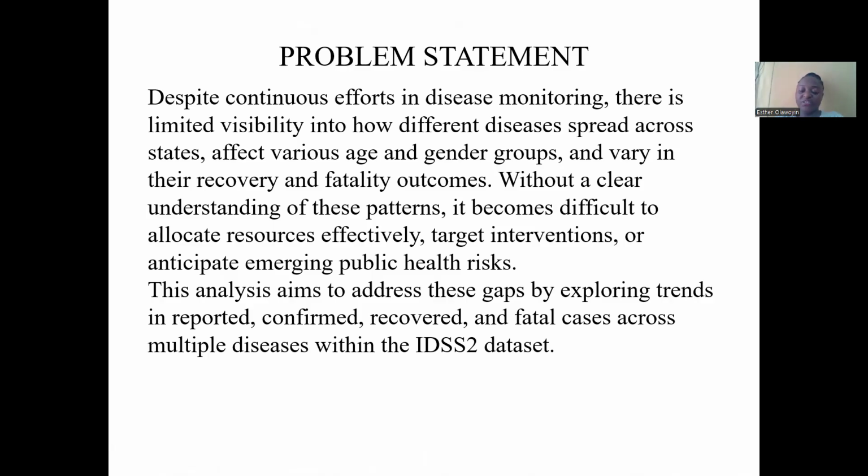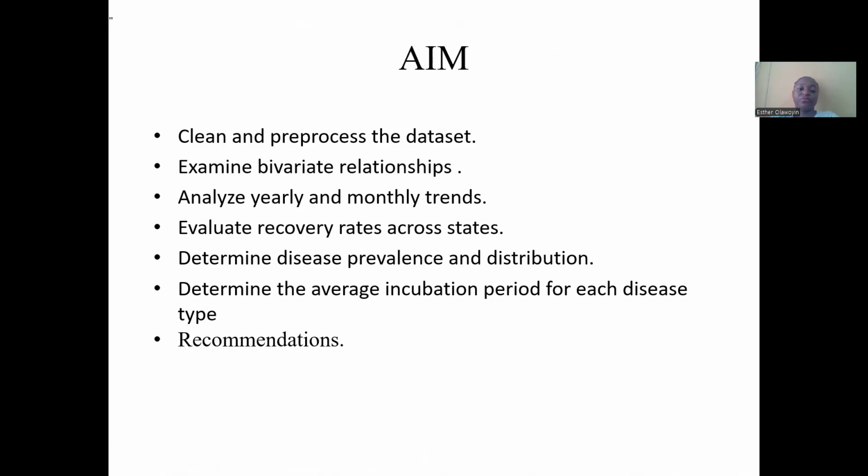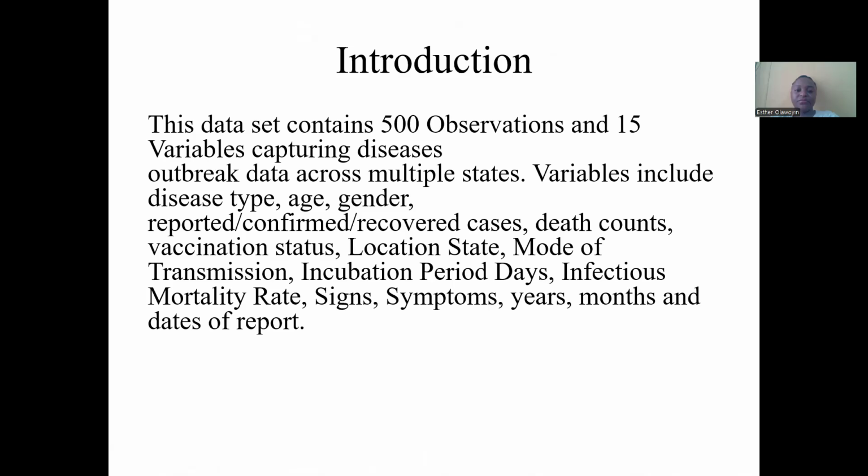So the aim of my project is to address these gaps by exploring trends in reported, confirmed, recovered, and fatal cases across multiple diseases within the IDSS2 data sets. These are the things I did: clean and process the data, and examine it.